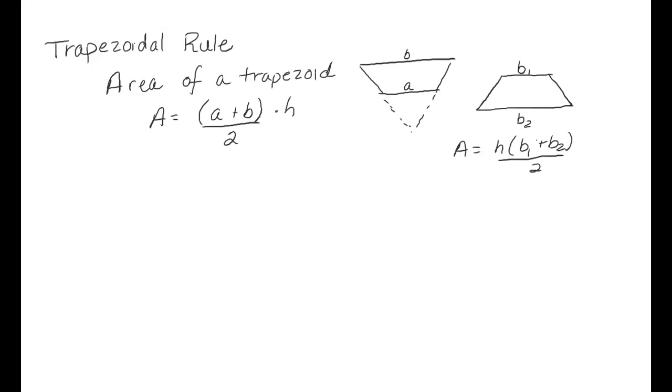And the height is that perpendicular distance between the two bases. It's easy to verify that this formula works. It's essentially taking the area of that rectangle on the inside and then adding the two areas of the triangles on the ends, and you will come up with this. Okay, so there's the area of a trapezoid.